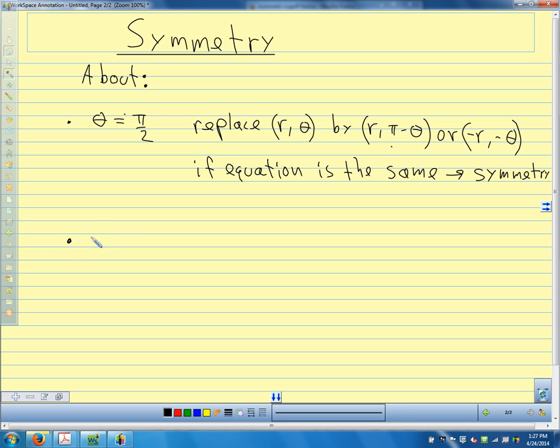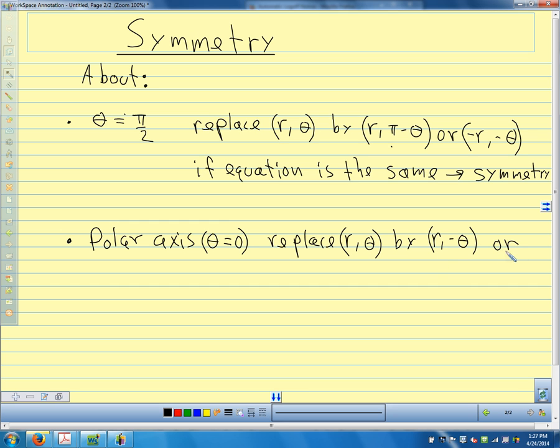Now, about the polar axis. And remember, the polar axis is theta equals 0. We're going to replace our theta by r minus theta, or by negative r, pi minus theta.